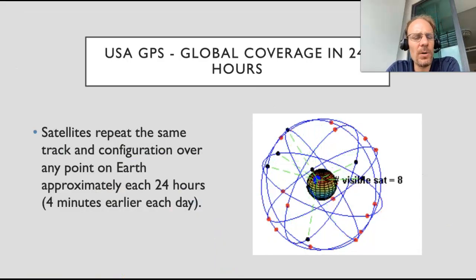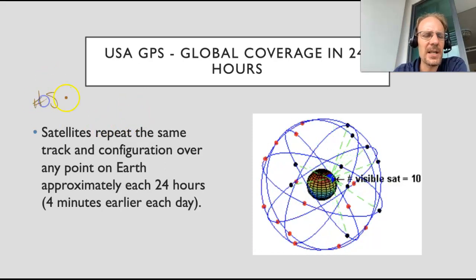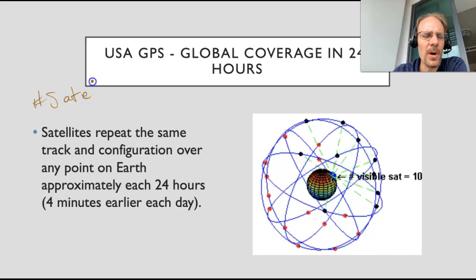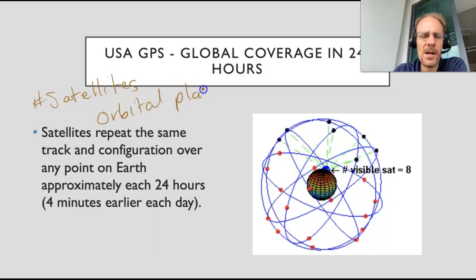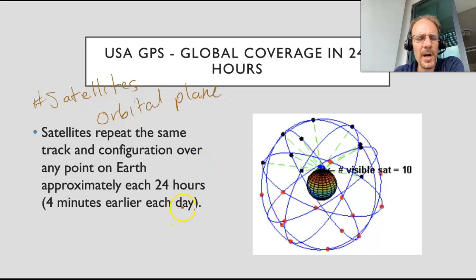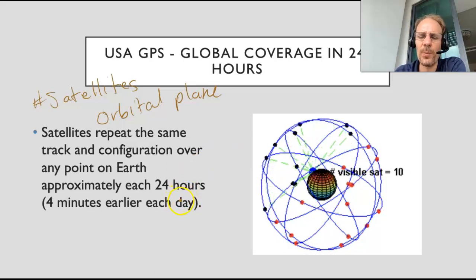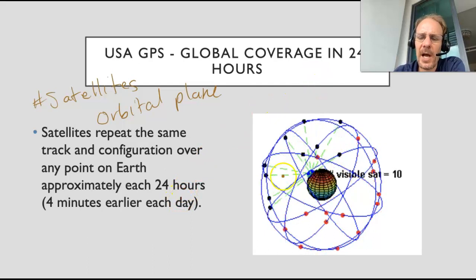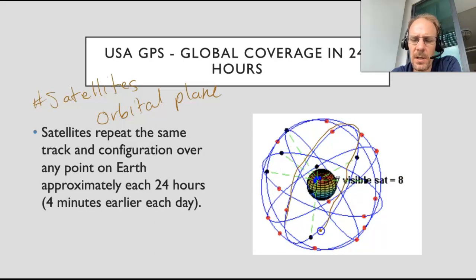Earlier I talked about orbital planes and satellites, the number of satellites in an orbital plane and the number of orbits. And we said there are approximately 4 satellites per orbital plane, and there are 6 orbital planes. So each of these lines that you see here, like this one right here, goes all the way around the globe.